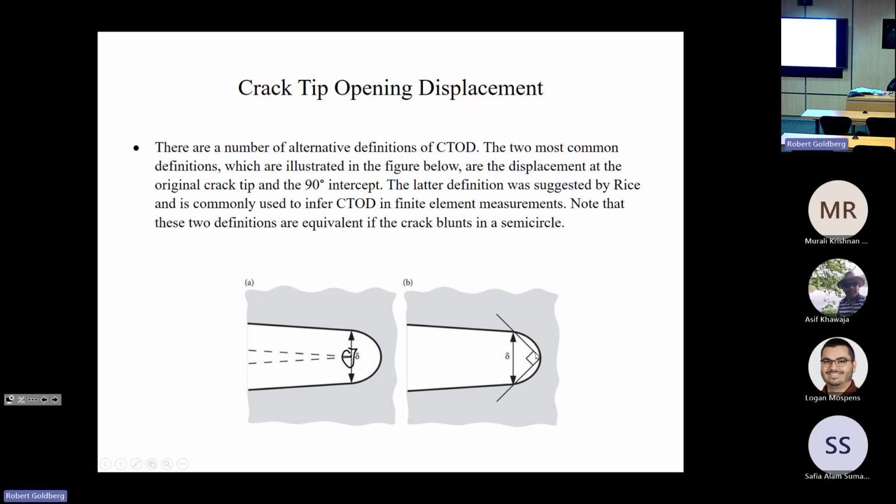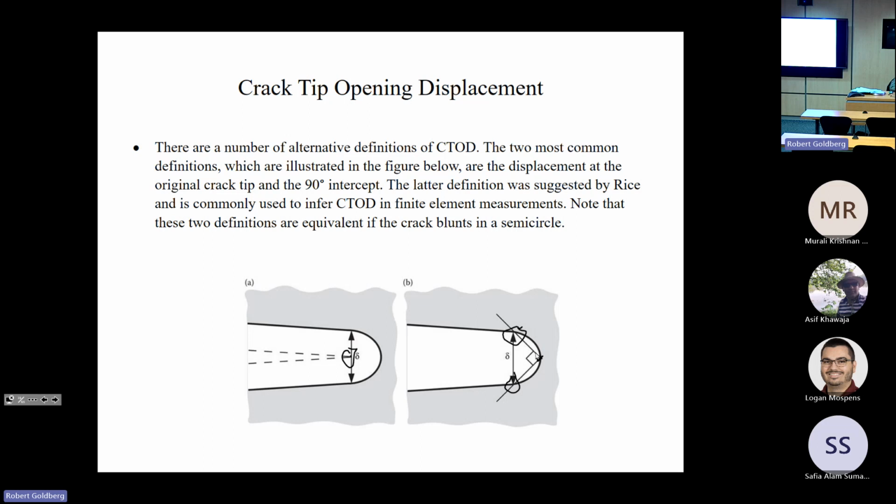was located. And then another method that was developed was if you take the point of your crack and you basically set it up so equal 90 degrees from that point, and where these 90-degree lines intersect the top and bottom of your crack, you take that point and you do that measurement of the crack tip opening displacement.